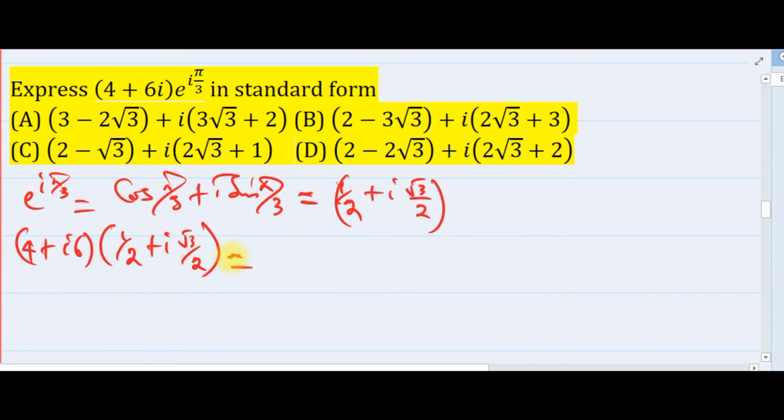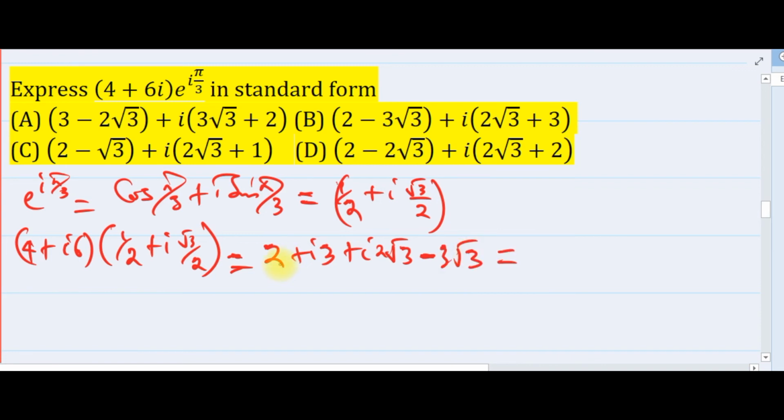So let's multiply. The fastest way of expansion: 4 times half is 2. 6i times half is 3i. 4 times i root 3 over 2 is 2i root 3. Finally, 6i times i root 3 over 2, i times i is i squared, so minus 1, and 6 times root 3 over 2 is 3 root 3.